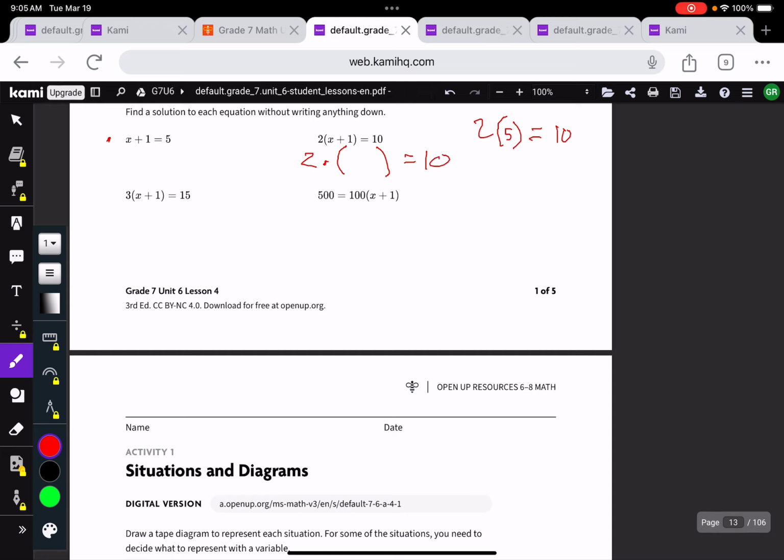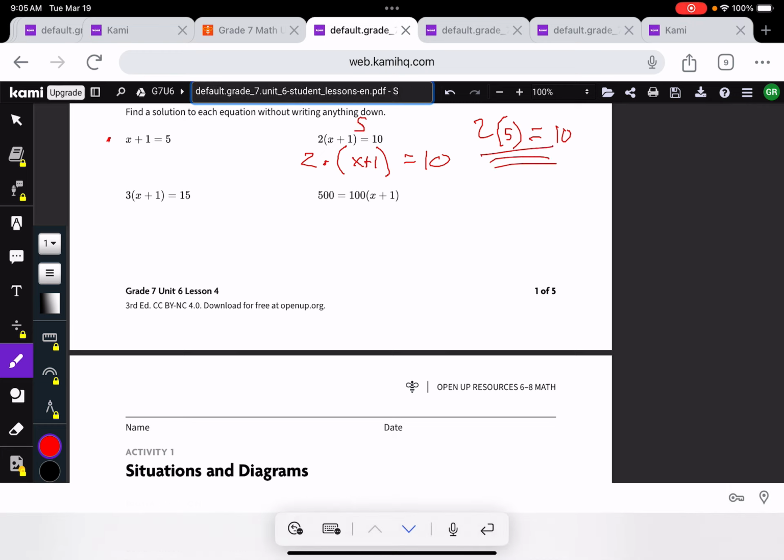Well, we know what this bracket must be. This X plus 1 must be 5. We know it's 5. So if X plus 1 equals 5, then what must X be so that it equals 5? I think you can make that guess.